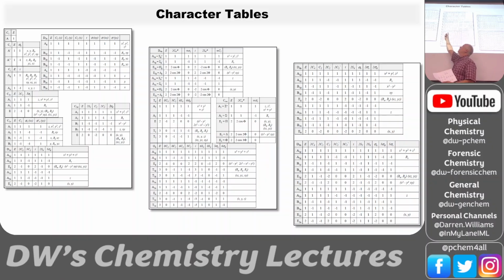It's got 1, 2, 3, 4, 5, 6, 7, 8, 9, 10 different columns of symmetry elements, okay? So you're not learning about all of the symmetry elements just getting through the flow chart. But once you get the character table for octahedral, you can come here and you can see, yes, it has an inversion center. Yes, it has C2s and C4s and C3s. It has some S4s and some S6s. So it's got all kinds of crazy symmetry. Lots of reflection planes too.